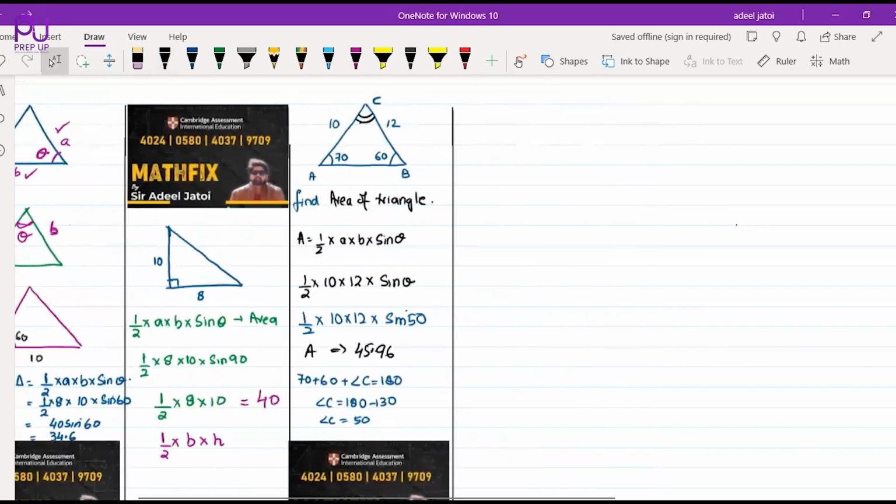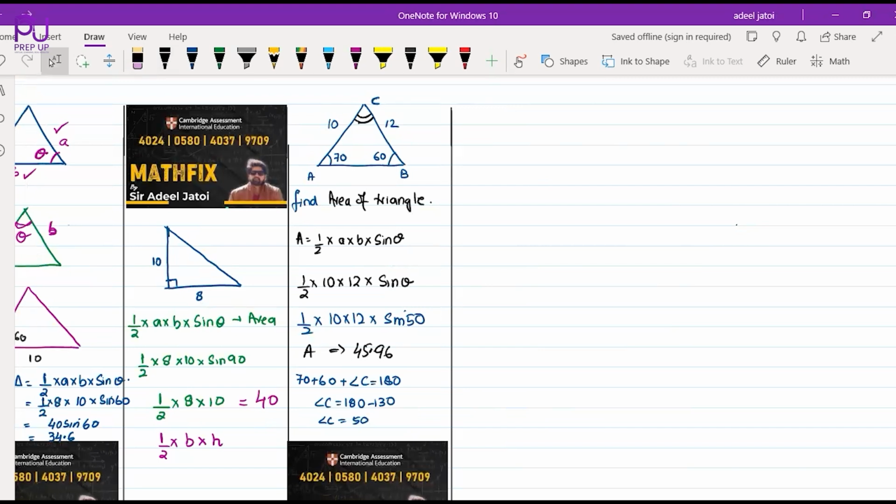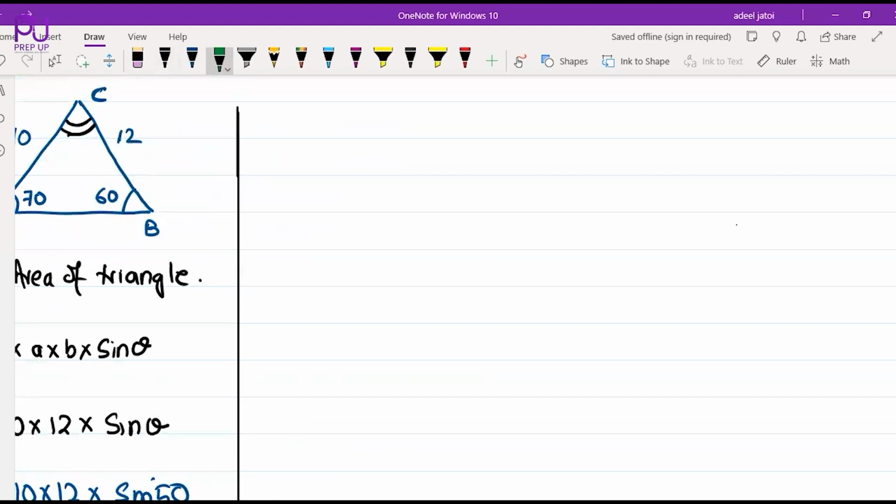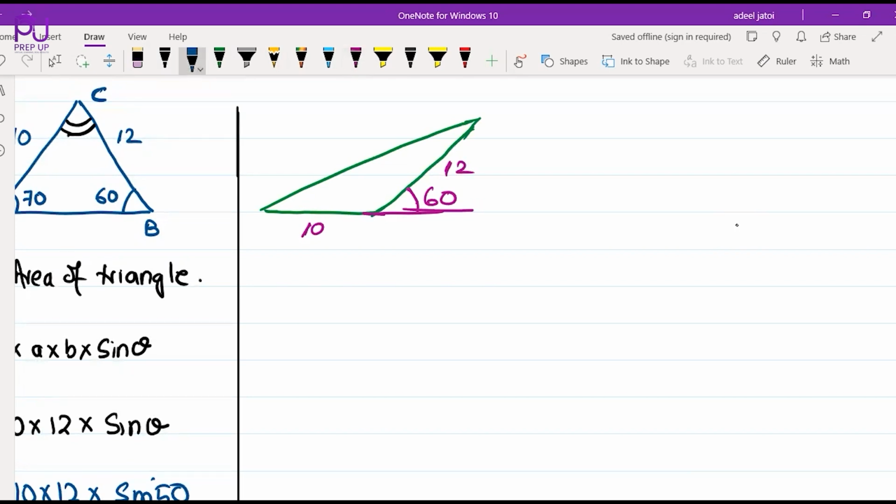Sometimes in a question you have been given a triangle and told to find the area, but angle properties can be used. Suppose this is your triangle and you have been given that this angle is, let's say, 60. You will be told to find the area of triangle ABC.